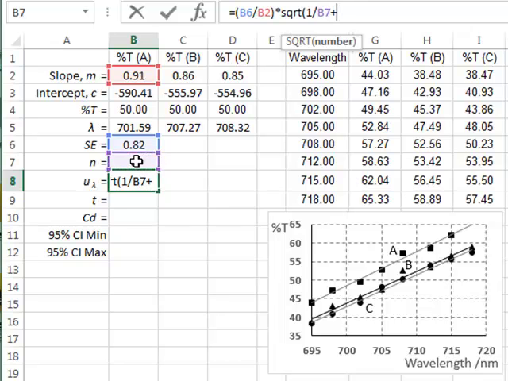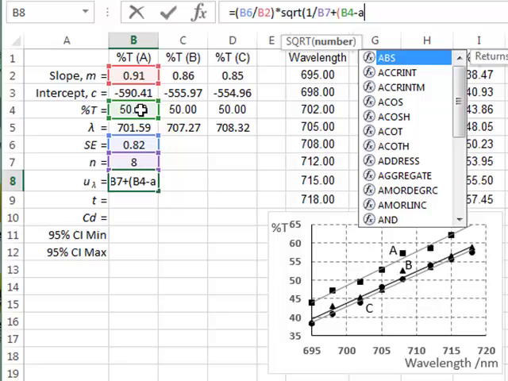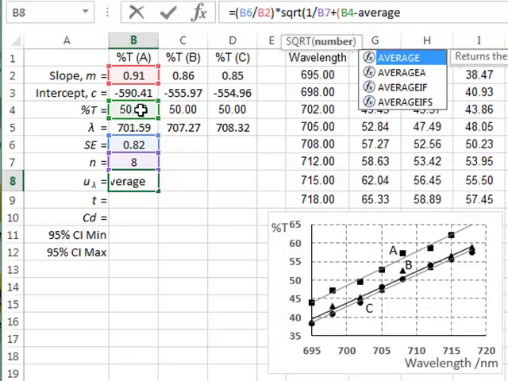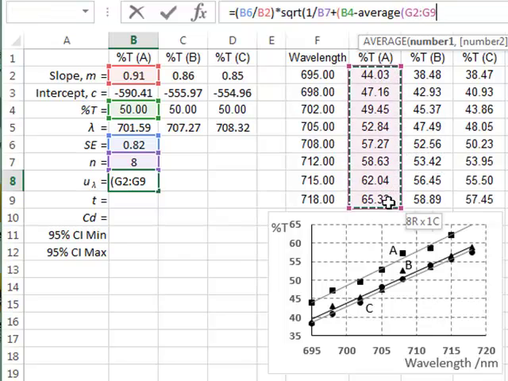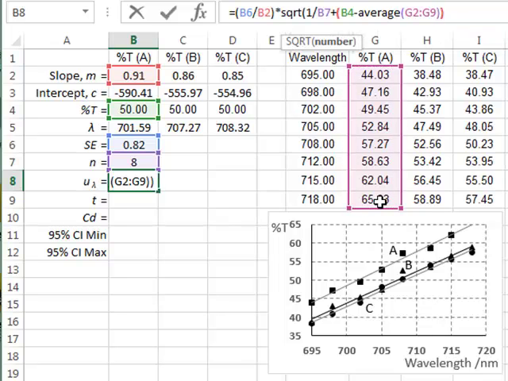And the second term starts with the difference between the y value being measured, which is the 50% transmission in B4, and the average of all of the y values. We can calculate that directly by AVERAGE, and these are the average of all of the y values, G2 to G9 in this case. And this difference is squared.